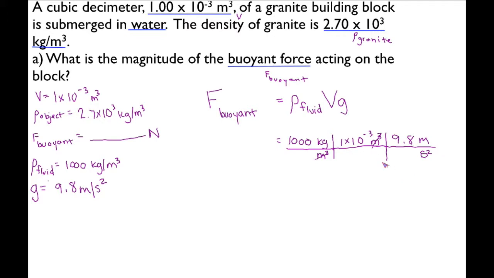And then we have kilograms times meters per second squared, which, if you remember, is basically newtons. And so our answer is going to be in newtons, which is good because forces are in newtons.